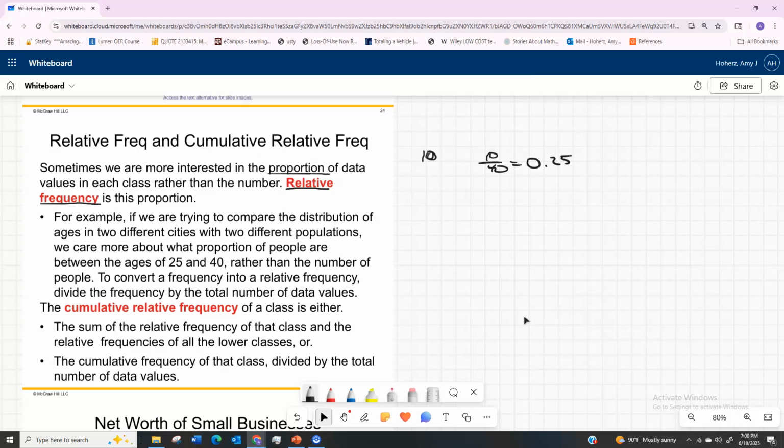And then they give their own example. It says, for example, if we're trying to compare the distribution of ages in 2 different cities with 2 different populations, this is a time that it would be very valid or reasonable to do this.